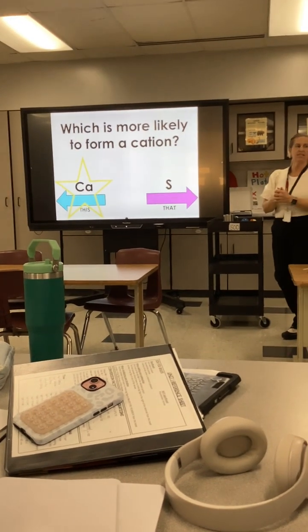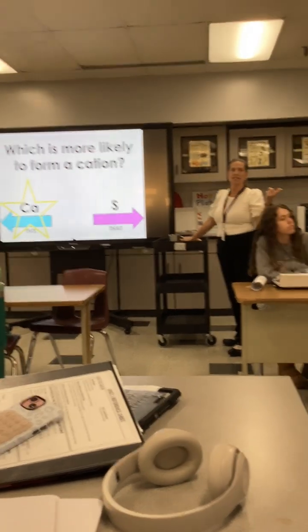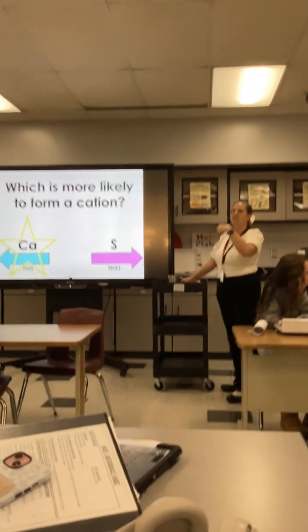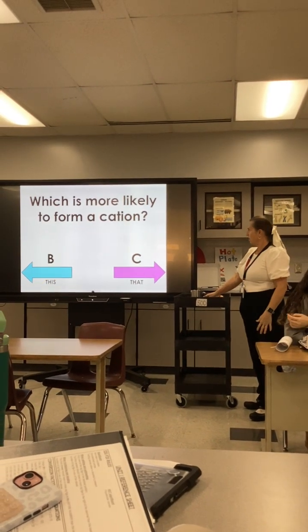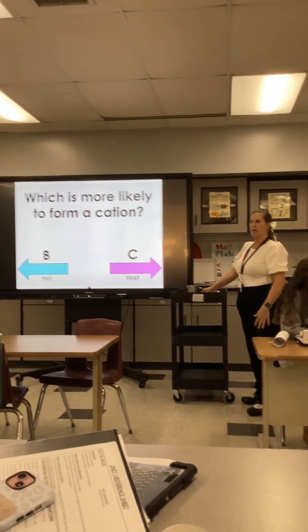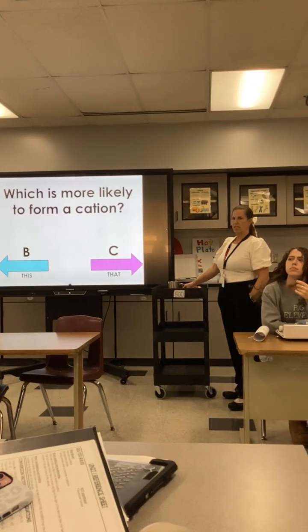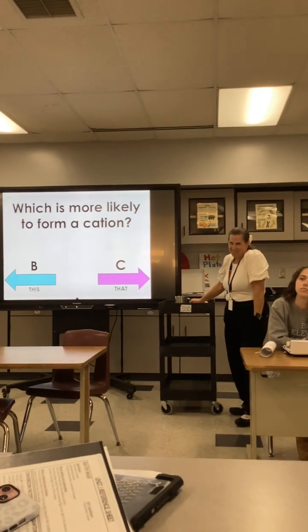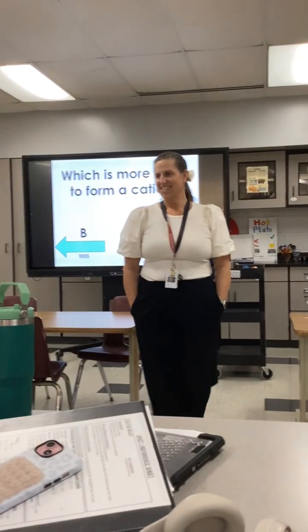The ones on the right-hand side are going to be negative. And positive ones are cations. Negative ones are called anions. Okay, which one is more likely to form a cation again? Boron or carbon?